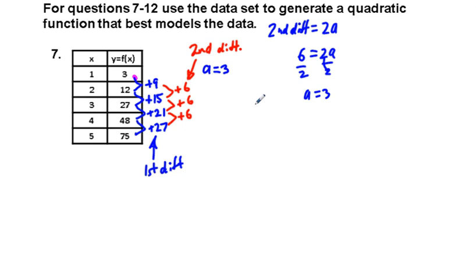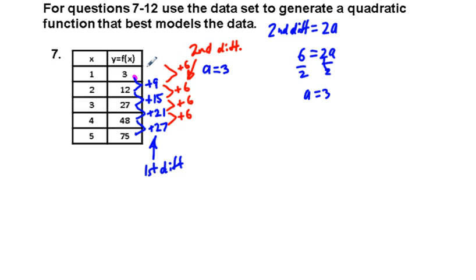Next, the y-intercept is going to be where x equals 0, and we don't have that up here, so I'm going to extend up above. The first thing I'm going to do is take a second difference backwards to get this first difference up here. So if we say this is plus 6, what plus 6 equals 9?